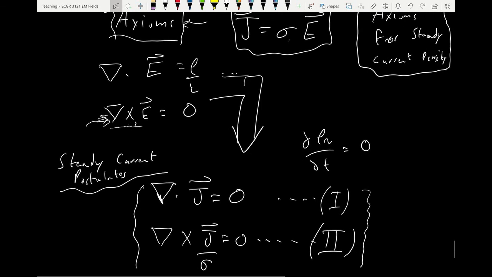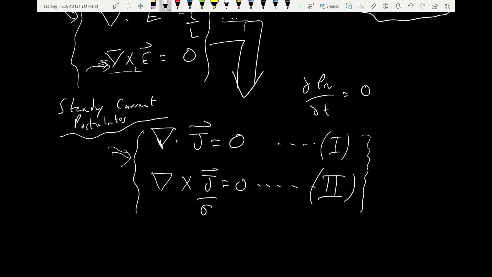Axioms. So those are the electrostatic axioms that describe the field that exists. If in space there also exists a steady current, those are the axioms for that steady current. In such a space where we have both a steady current and fixed charges, both sets of axioms hold. So the electrostatic axioms hold, and we can use them to calculate the electric field, and the steady current postulates hold.